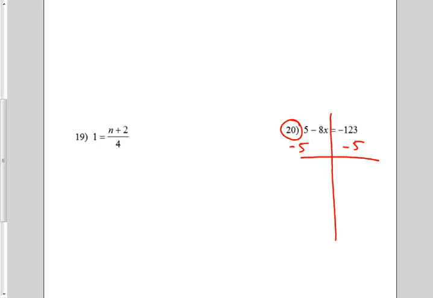Those will cancel. Like so. We always want to leave the x till last. If necessary, we can flip it around, but in this case, we're not going to have to. Now we're going to do negative 128 divided by negative 8. And I should get 16 as an answer here.